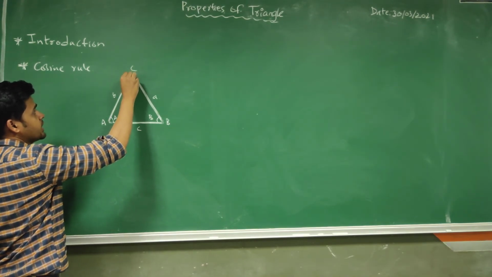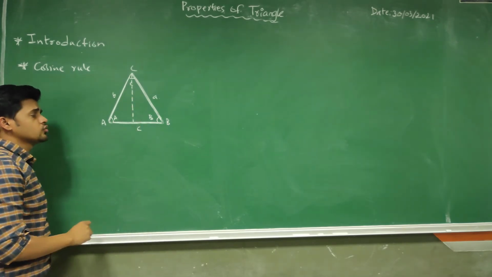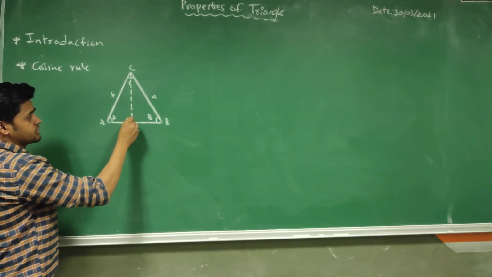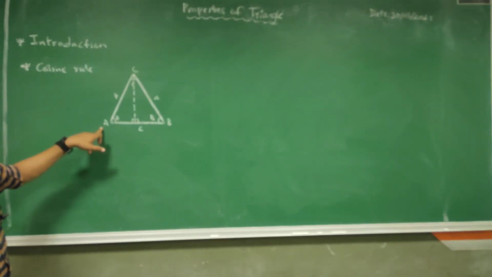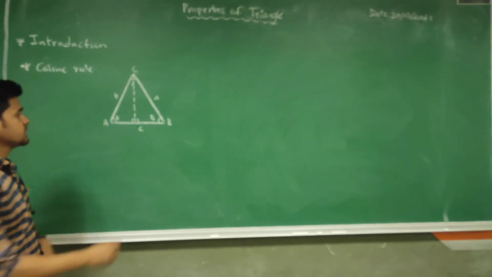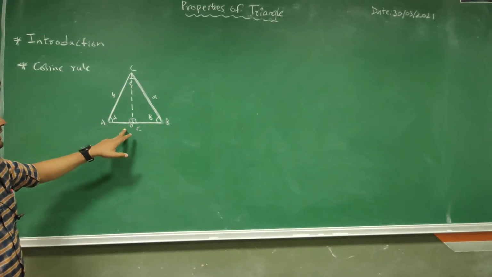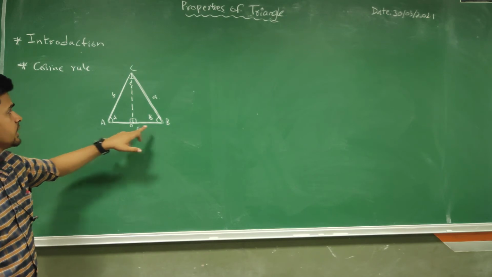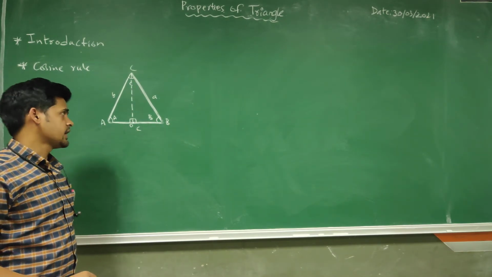So if I am drawing a line here, then we can get two right angle triangles. First is here, second is here. So the first right angle triangle is AC, let's suppose this is the point D. So ACD, this is one of the right angle triangles, and BCD, this is the second right angle triangle.